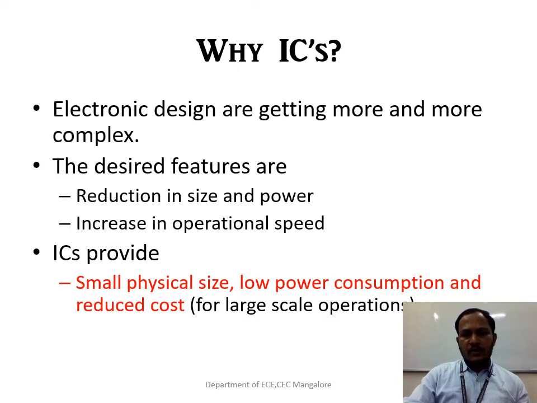With very small size, it can accommodate a lot of memory, and low power consumption means reduced power dissipation, as well as a day-long battery backup, and reduced cost also. This is also a very important factor.